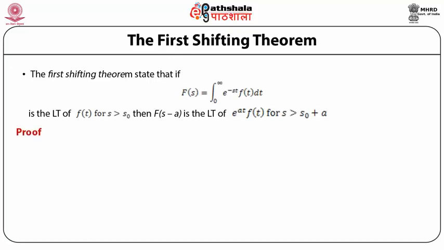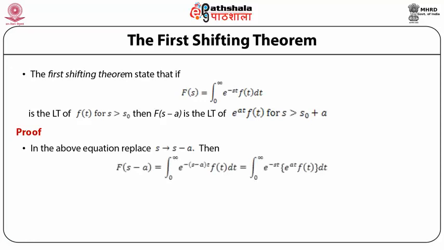We now prove it. In the above equation, we replace s by s minus a. Then capital F of s minus a is equal to integral 0 to infinity e raised to power minus (s minus a) t small f of t dt for s minus a greater than s naught. This implies s is greater than a plus s naught.